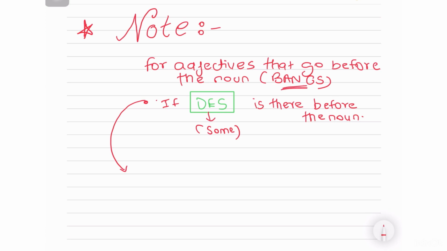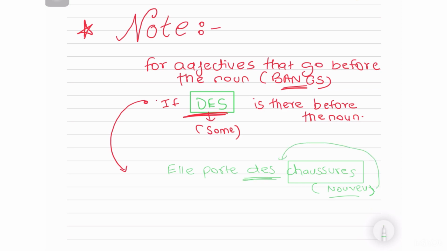So what it's basically saying is that if you have des in your sentence, right? For instance, elle porte des chaussures. Okay, so here you have article indéfini, that is some, before your noun. Okay, and you're supposed to put an adjective that is part of BANGS. Alright, so obviously it will go before chaussures, that is between the article indéfini and the noun.